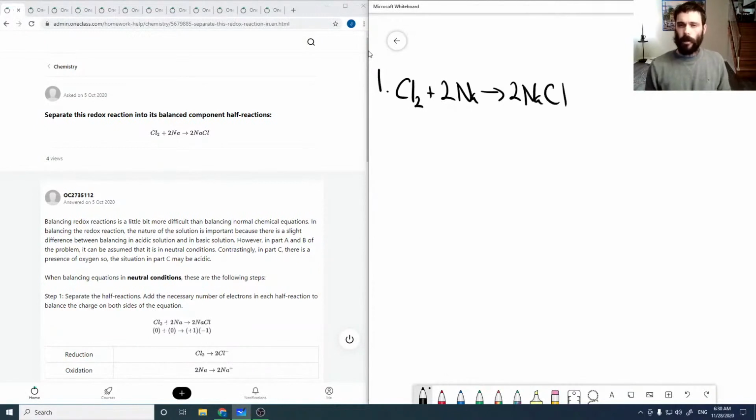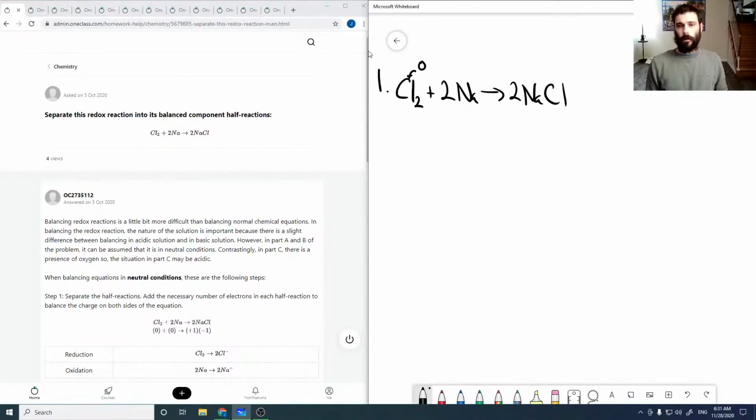And we know it's a redox reaction because on this side, the charge on chlorine is 0. We can check the formal or the oxidation state on each of the constituents by just comparing the total charge and using some of our rules.